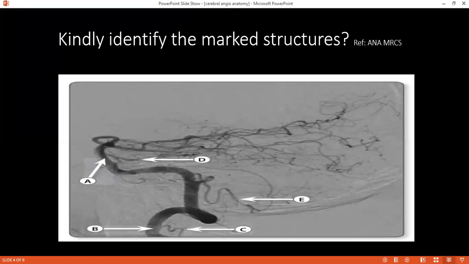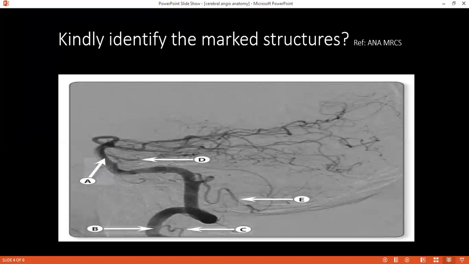It's associated with polycystic kidney disease. If you are asked to identify the foramen transversarium, how would you identify it? These are foramina seen in the transverse processes of cervical vertebrae, from C1 to C6.